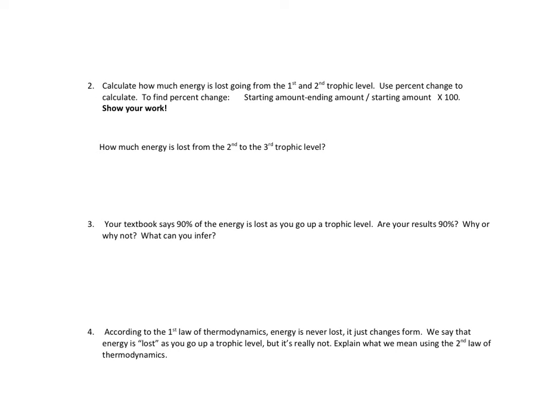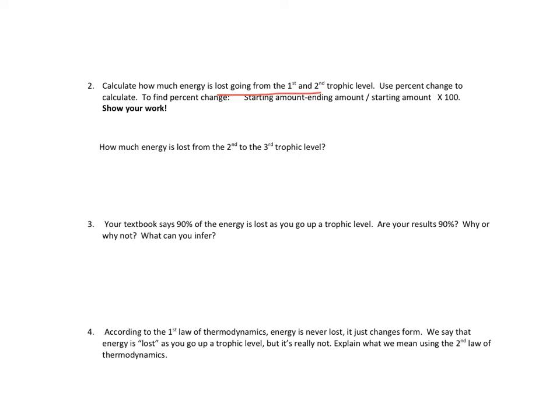We're continuing with some calculations here to calculate the amount of energy that is lost going from the first trophic level to the second trophic level. In other words, from the producers to the primary consumers. You're going to use your percent change formula.